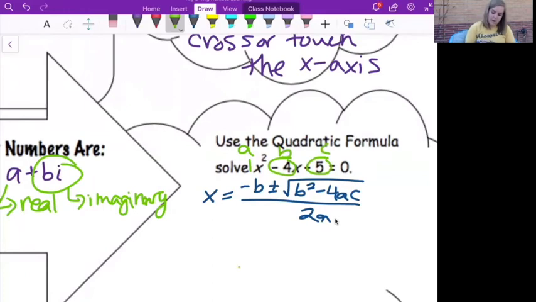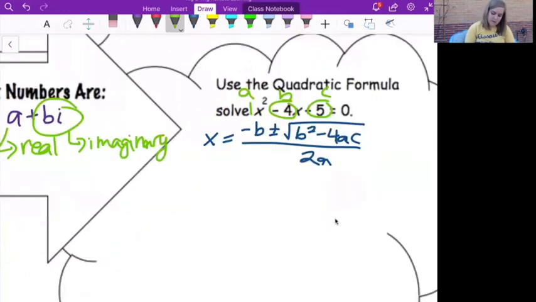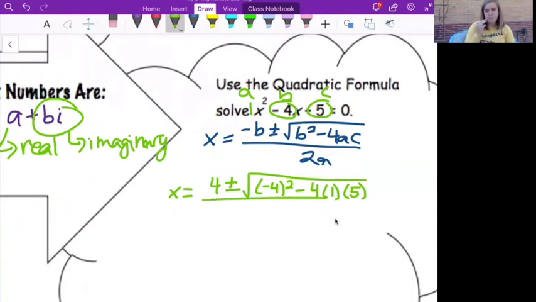And so for x, we get x equals negative 4, so that would just be a positive 4, plus or minus the square root of negative 4 squared minus 4 times our a value of 1 times our c value of 5, and then everything is divided by 2.